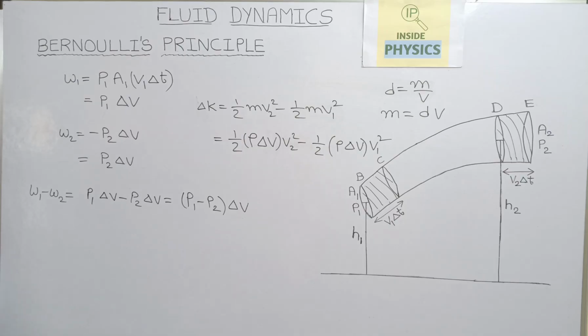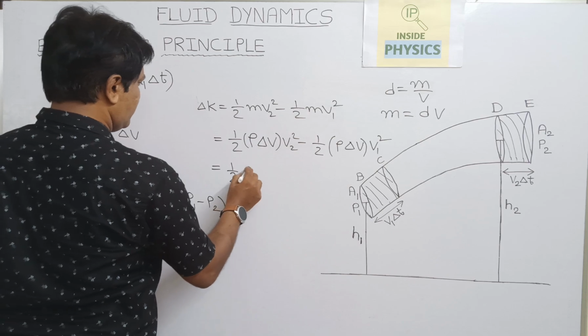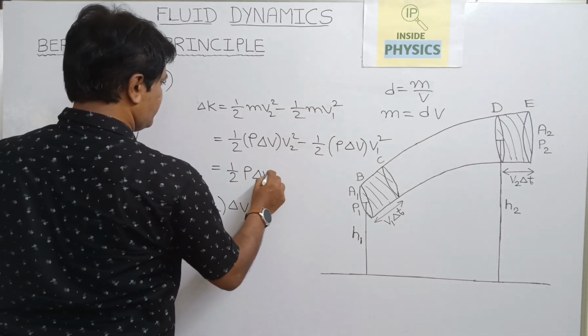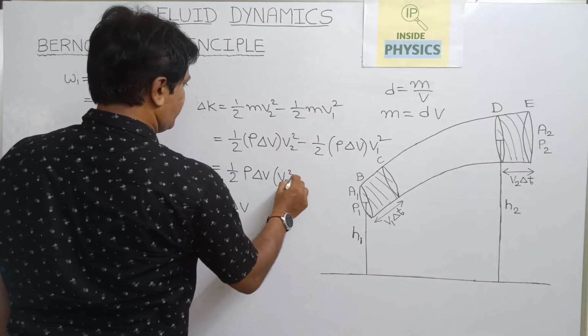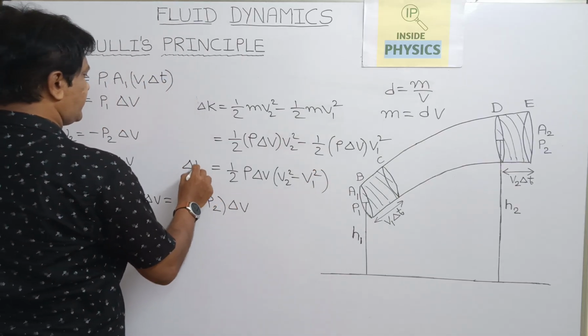Here we can take rho delta V as the common factor, and this relation will become half rho delta V into V2 square minus V1 square. This is the change in kinetic energy.